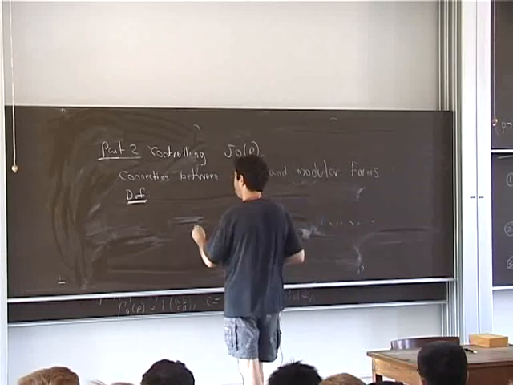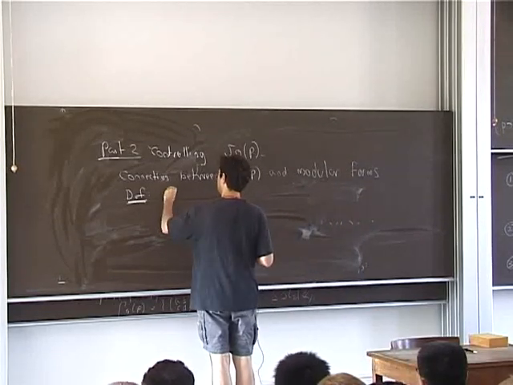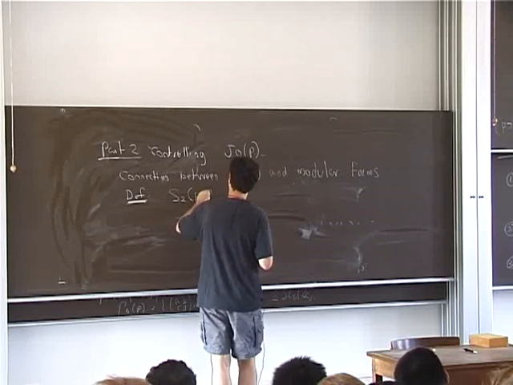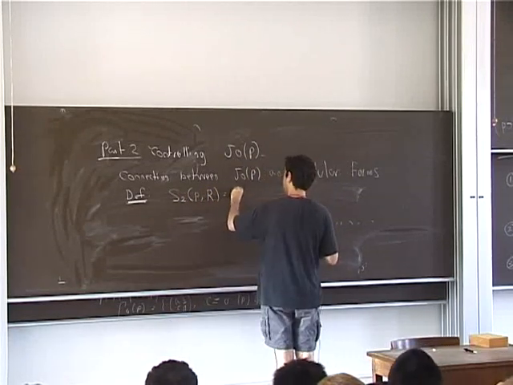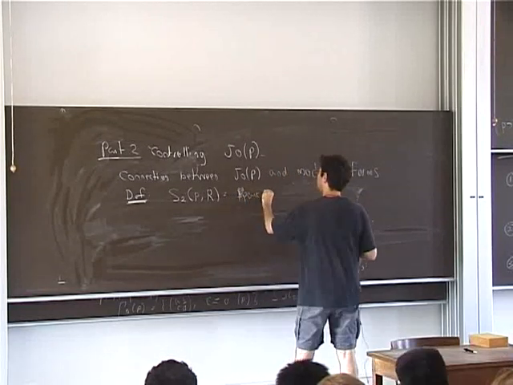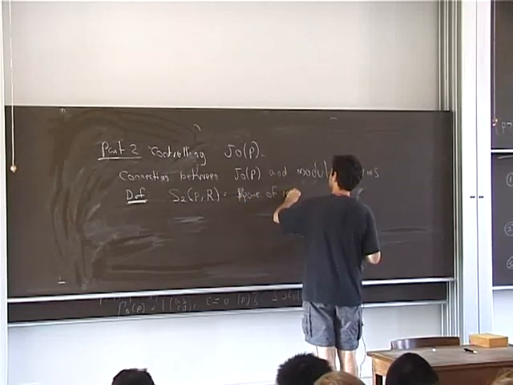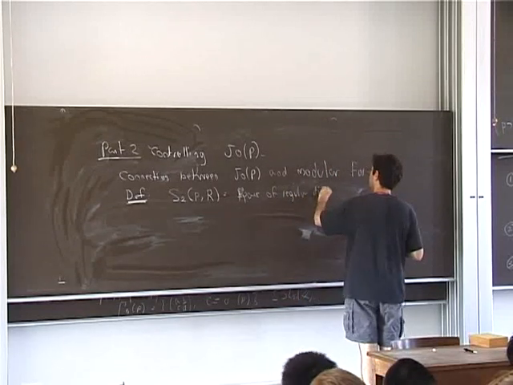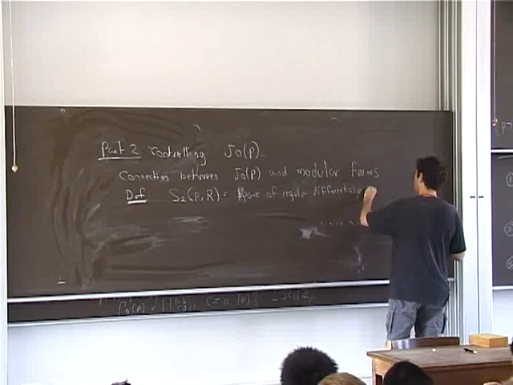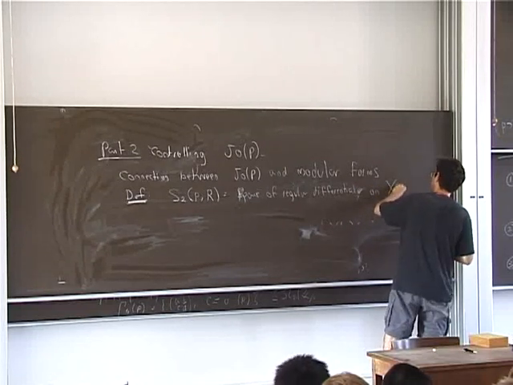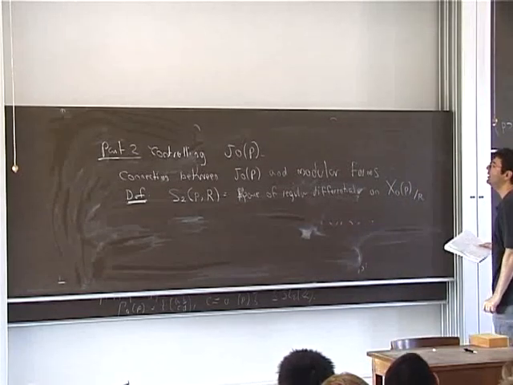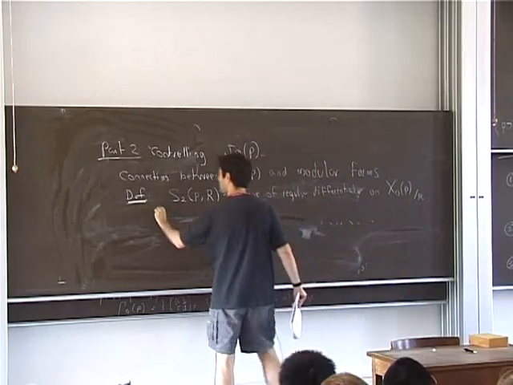So I'm going to define S2 of P, R to be the space of regular differentials on the curve X naught of P over the ring R, where R is an easy algebra.